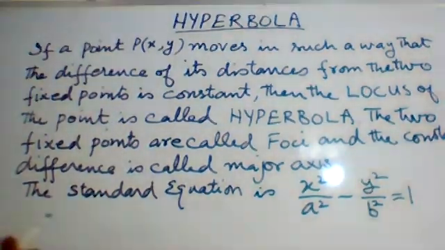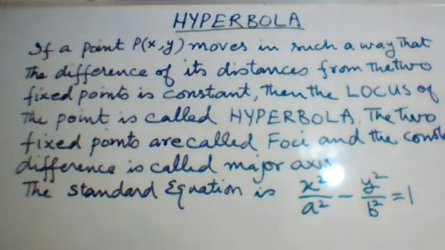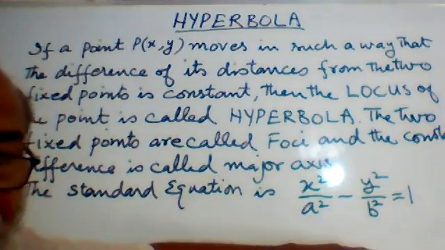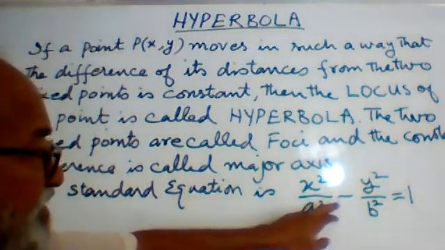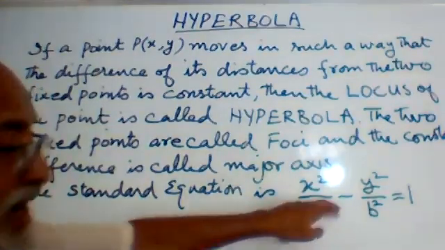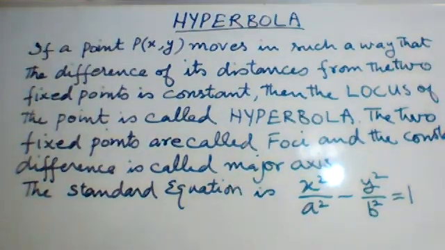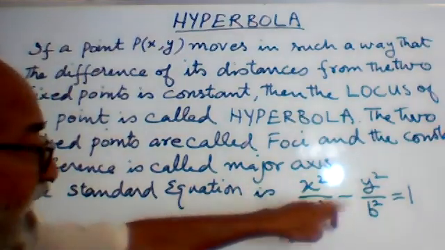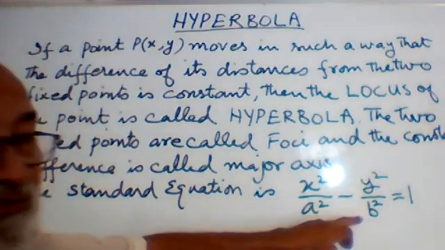In the ellipse, it was x square upon a square plus y square upon b square equal to 1. Here it is minus. Or it may be y square upon a square minus x square upon b square equal to 1.